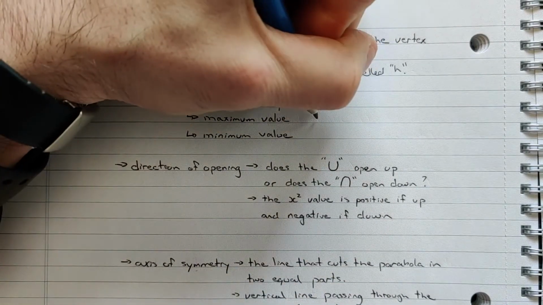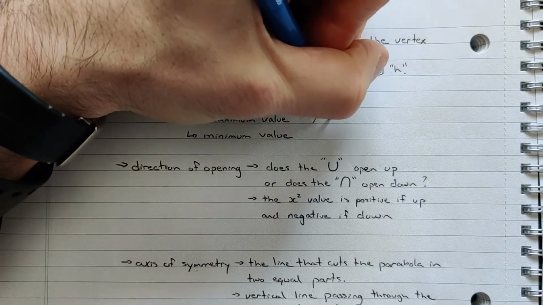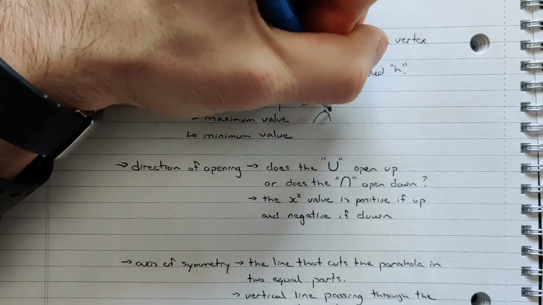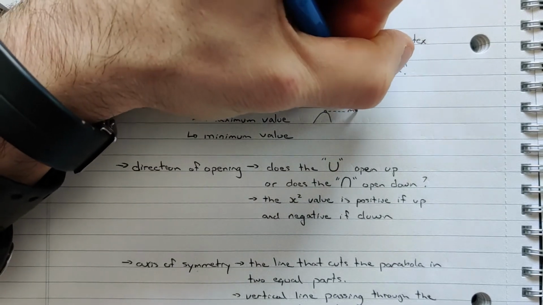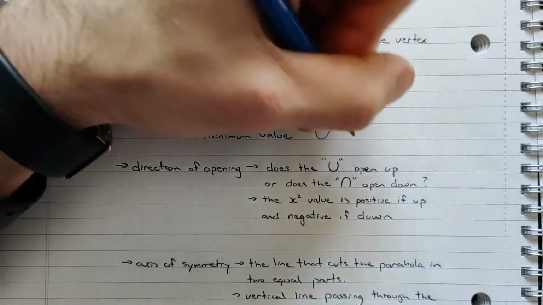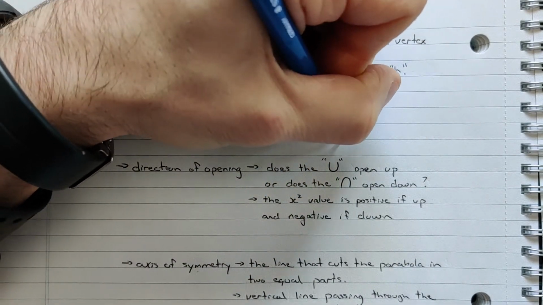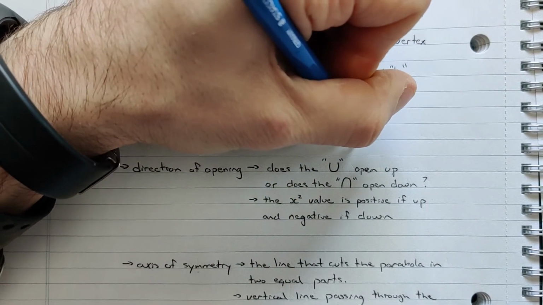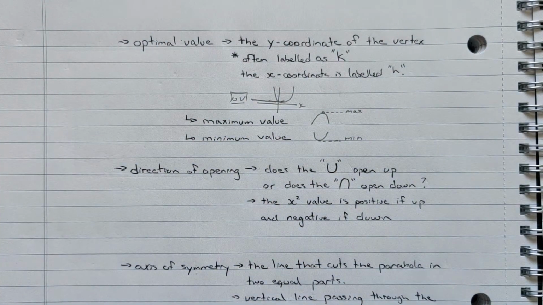Now we have a maximum value when it's the highest point. Okay, so this is a max value, and in the case where a parabola opens upwards, this would be the minimum value, and we're going to occasionally be finding those. Another key idea with these is the direction of opening.